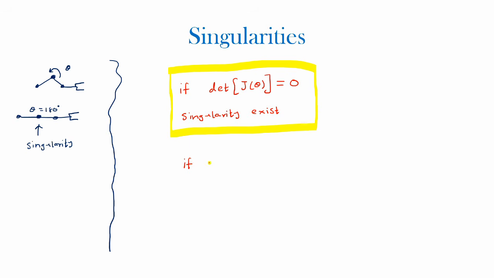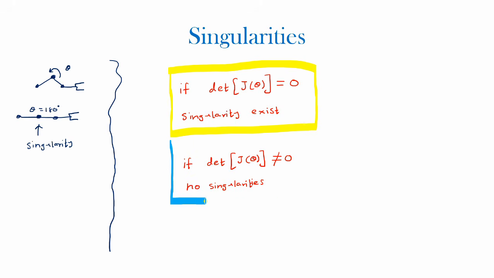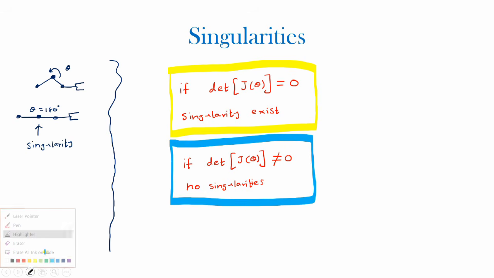If, however, the determinant of the Jacobian is not equal to 0, there would be no singularities for that robot system. Right, so these are two things that you have to keep in mind.